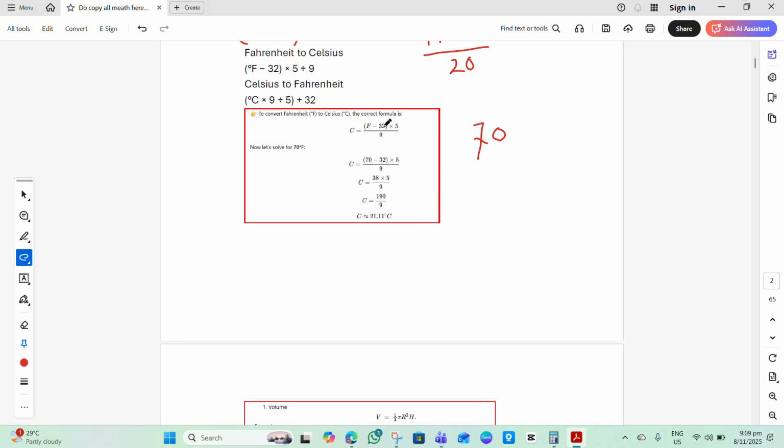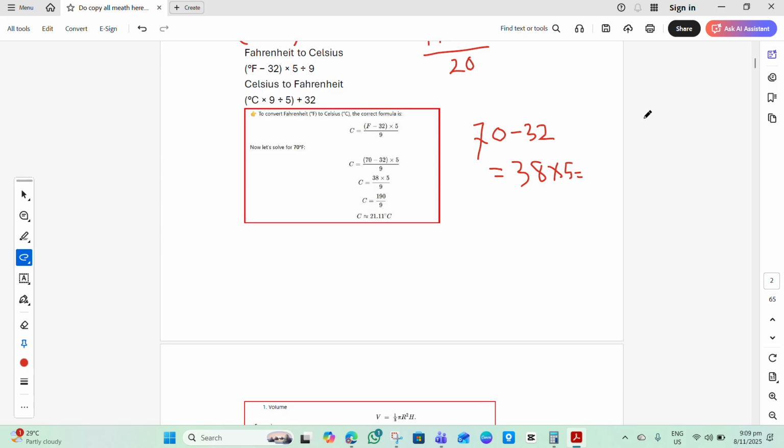Let's take as an example 70 Fahrenheit. With Fahrenheit, always subtract 32. 32 is an exact value, it never changes. So after subtracting 32 we get 38. Then 38 multiplied by 5. Why multiply by 5?